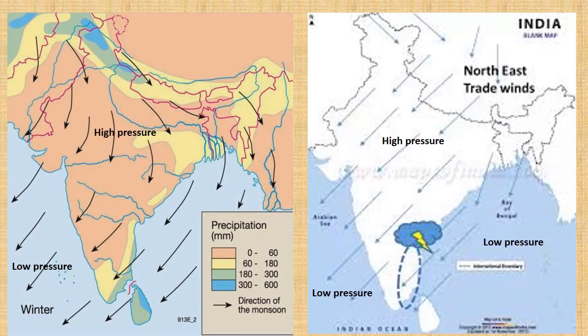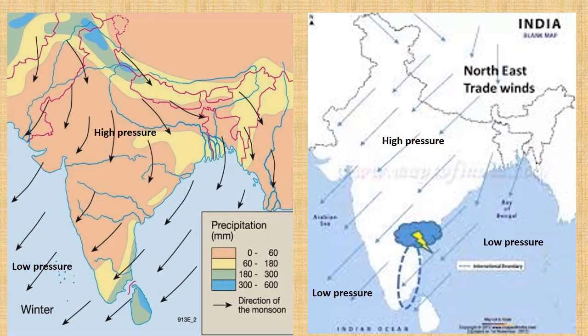These two maps are showing the incoming of the northeast trade winds, the cold winds in winter season. Till now, we had seen how the monsoon leaves India. Now, we are going to study when the monsoon winds leave India, which winds come inside.